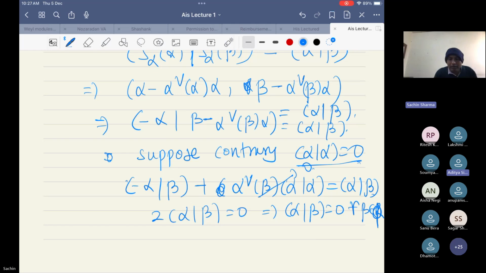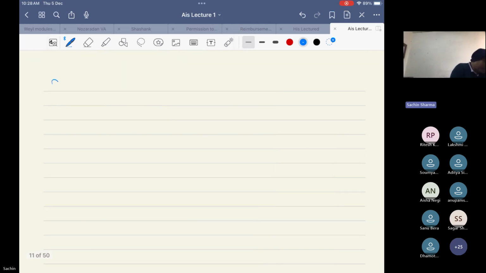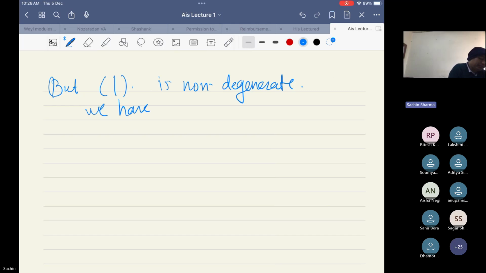Since the betas in phi span V, by linearity, you will see that alpha of v is equal to 0 for all v belongs to V, because these phi span those things, right? But as the form is non-degenerate, we have alpha equal to 0, which is a contradiction.